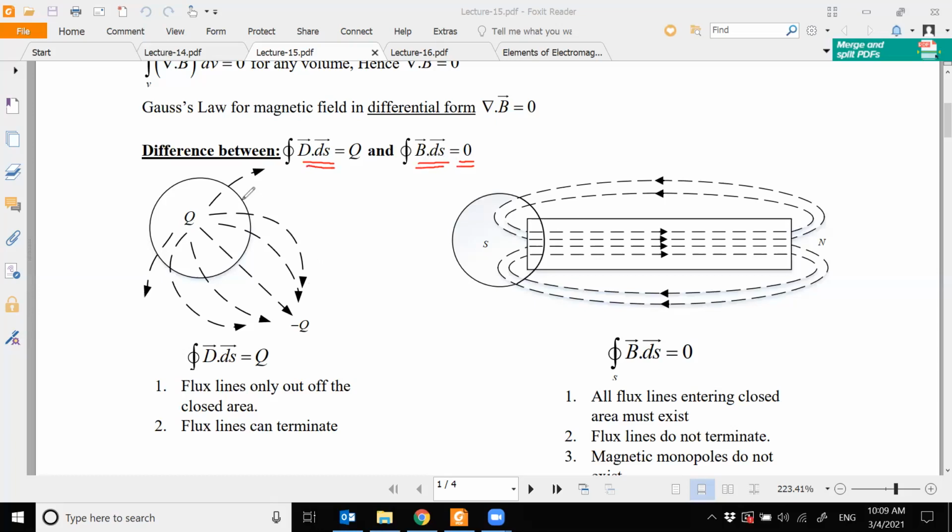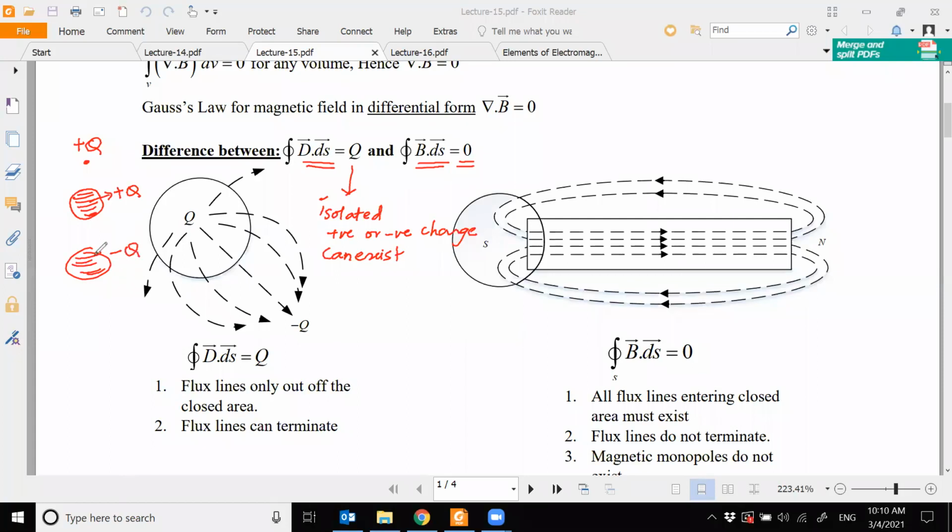The thing is, in electrostatics Gauss's law, an isolated positive or negative charge can exist. That means I can have a positive charge here, or maybe a sphere, I can either make it positively charged or negatively charged.